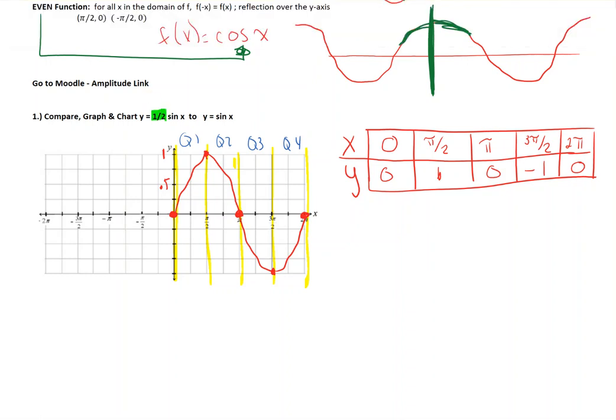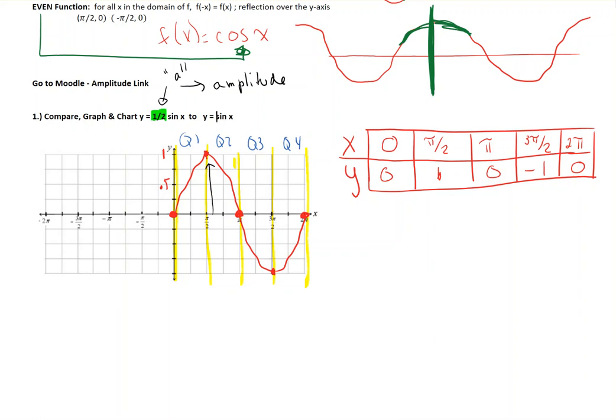Now, this half right here refers to, we'll say, letter A, and the definition of that is the amplitude. That's how far it stretches vertically from the center of the graph. Typically the amplitude is 1, and you can see the stretch is 1 from the center of the graph.